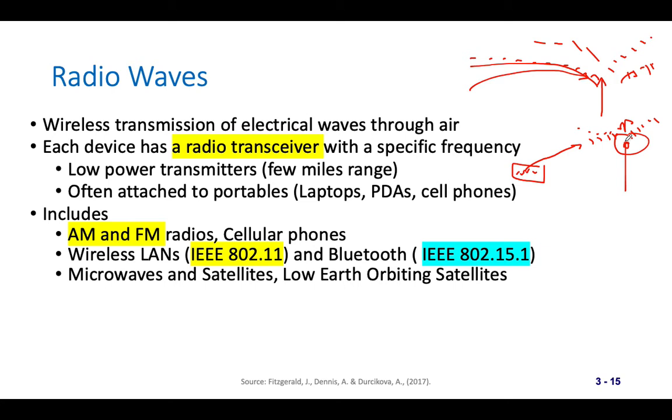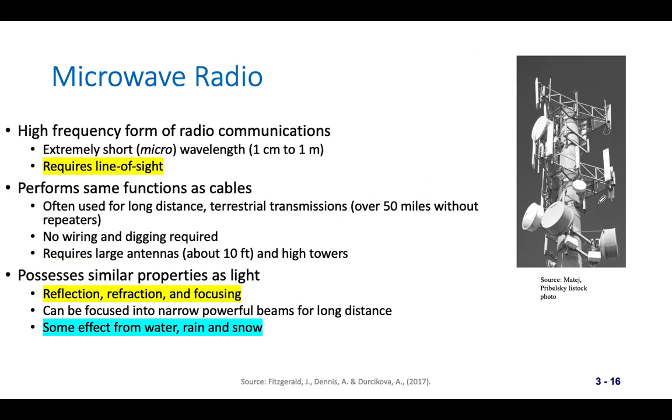However, for now, there are multiple radio technologies in the market, including AM, FM, cellular phones, Bluetooth, satellite, and many other things. Let's go over a few of them quickly, only as basic information.